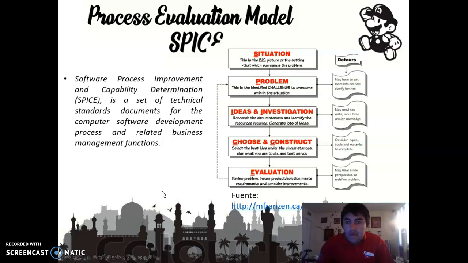And like in the graphic, we have a situation, the problem, ideas, investigation, how to construct, and an evaluation.